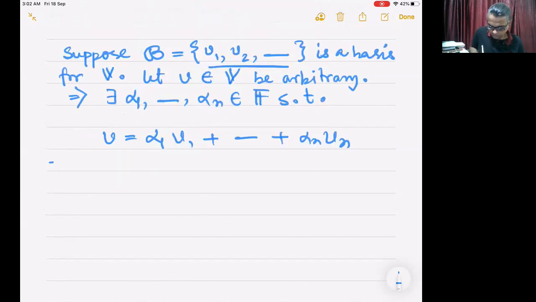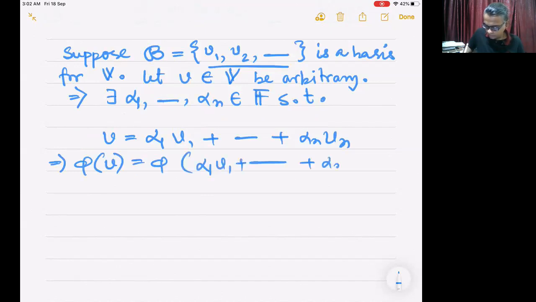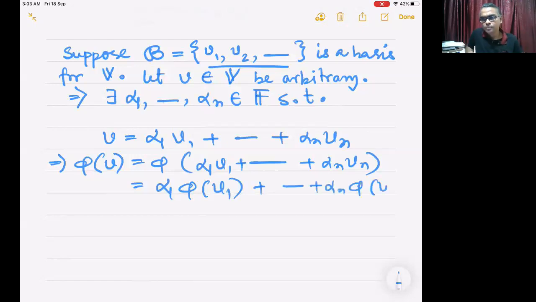Which then means phi V must be phi acting on alpha 1 V1 plus ... plus alpha n Vn, but it's a linear map, no? So this will be alpha 1 phi V1 plus ... plus alpha n phi Vn, that's it.